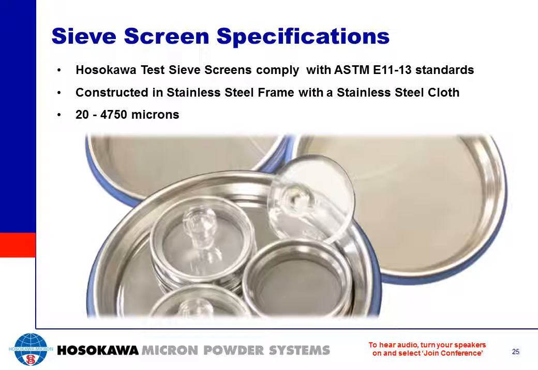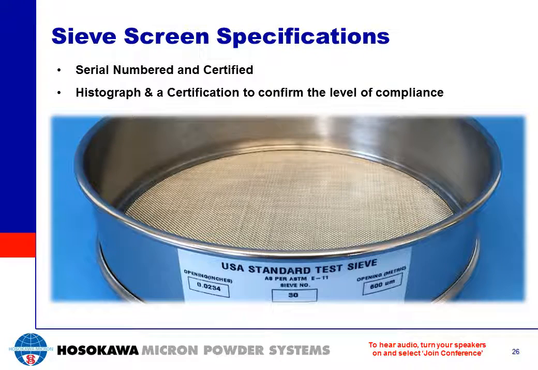Hosokawa supplied test sieve screens comply with ASTM E11-13 standards and are made with stainless steel frame and stainless steel wire mesh, ranging from 20 microns to 4,750 microns. They are serial numbered and certified to be at a specific level of compliance. Hosokawa sieve screens are supplied with a histograph and a certification to confirm that level of compliance.